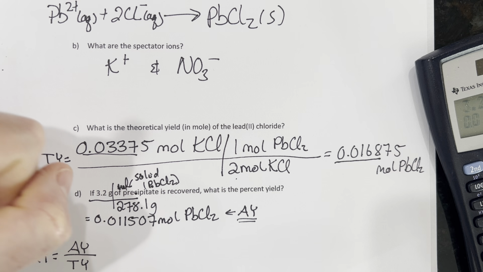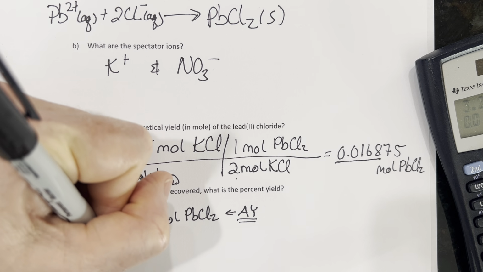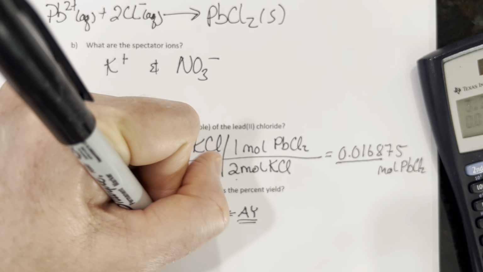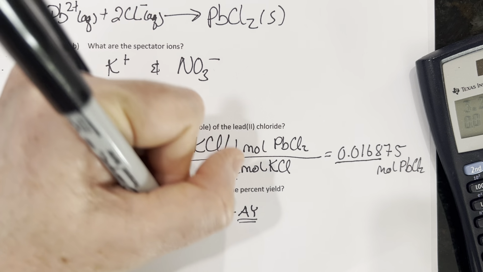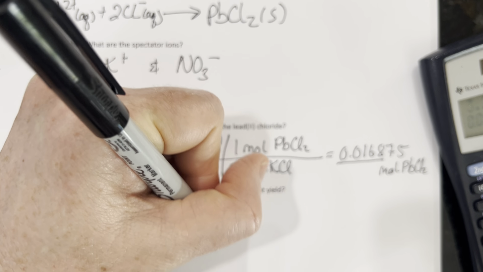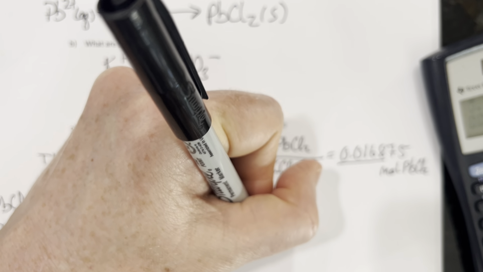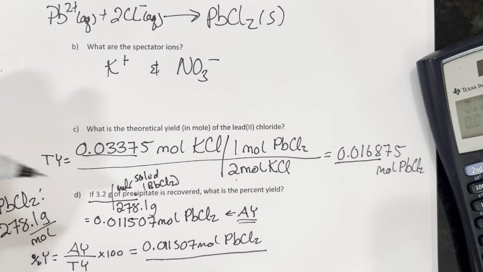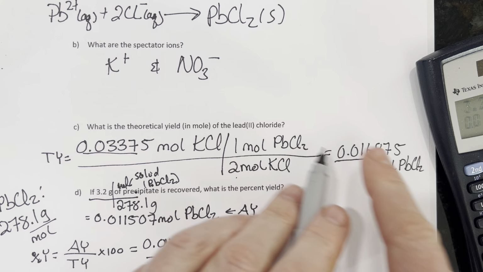Because we know percent yield equals actual over theoretical times 100, or 0.011507 mole of PbCl2. Write the mole in the PbCl2 so you can make sure that it matches the one you did up here, which ended up in mole PbCl2.